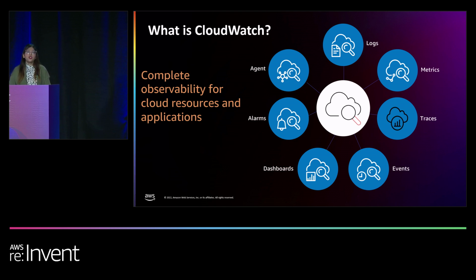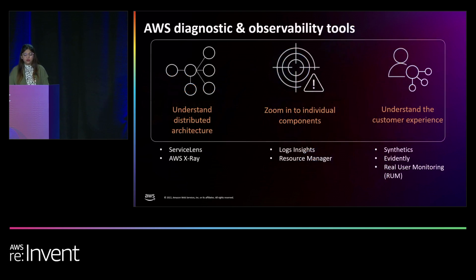This is really useful when it comes to troubleshooting. CloudWatch has also built additional observability tools on top of primitives that allows you to correlate metrics, logs, and traces across your application to get specific insights.